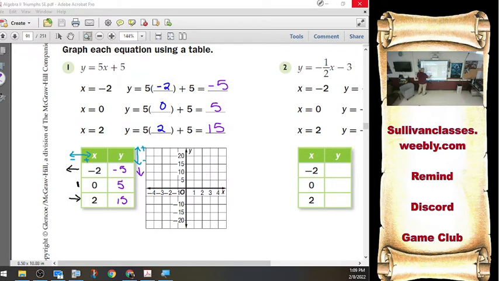Down 5, up 15. Tell yourself what they're doing. And then left 2, down 5. No left or right, up 5. Right 2, up 15. Grab a straight edge and hope we don't suck.